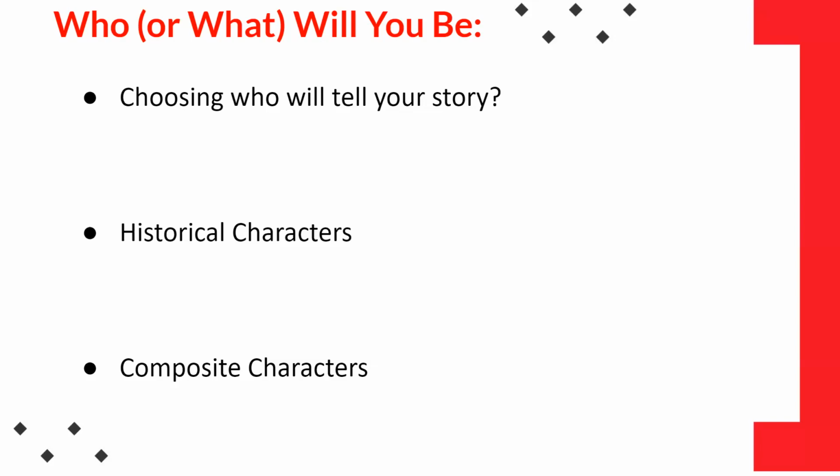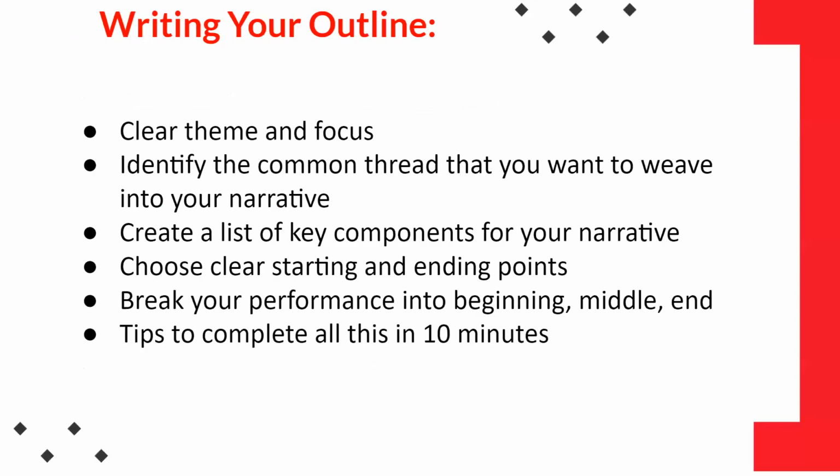So be sure as you do your research that you keep a very clear idea of, are you representing actual historical characters, and you're going to have some supporting composite characters, or are you going to have primarily composite characters and have a little bit of the historical character that's going to play out in your presentation.